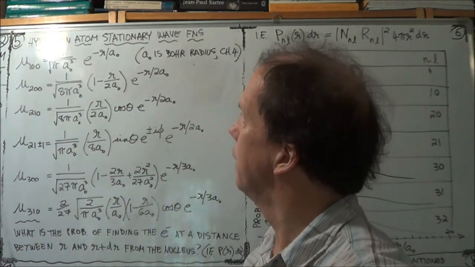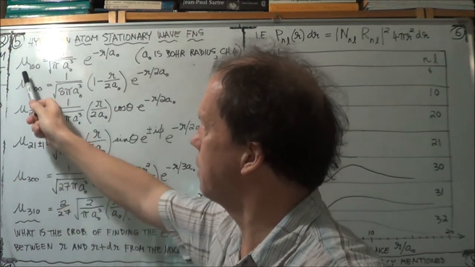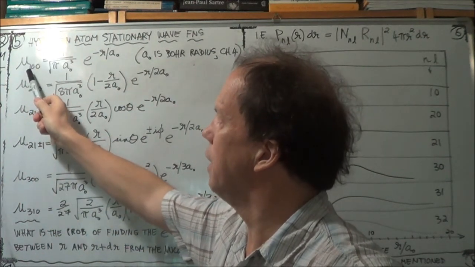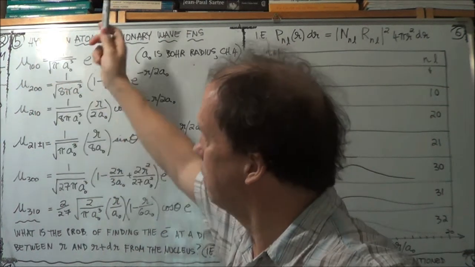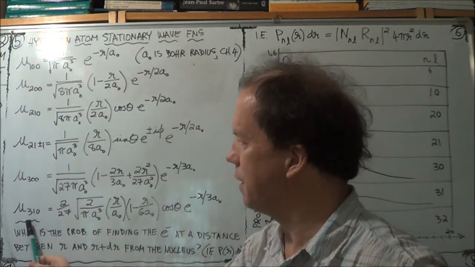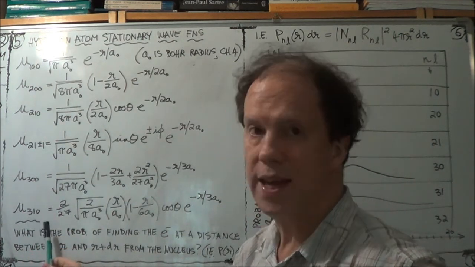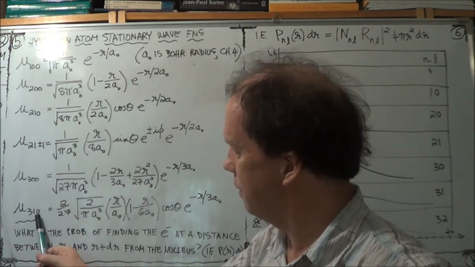Okay? So for each of these three numbers here, just read n, L, m. So in this case, n is 3, L is 1, and m is 0.